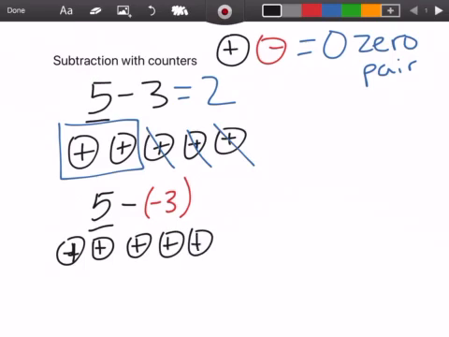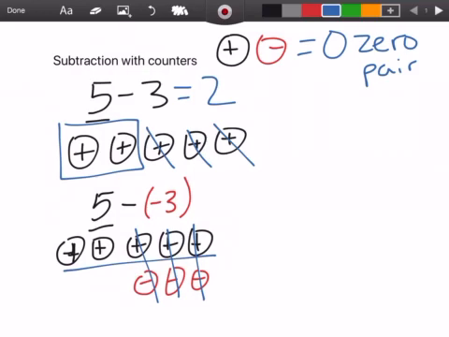Now, some of you might say, well, why don't I just add 3 negatives to it and then take them away? Well, if you add 3 negatives, you're actually creating zeros that you would have to take away, and then your 5 that you started with isn't really there anymore. Okay, so we're not going to be able to do that. We can't just add 3 negatives.